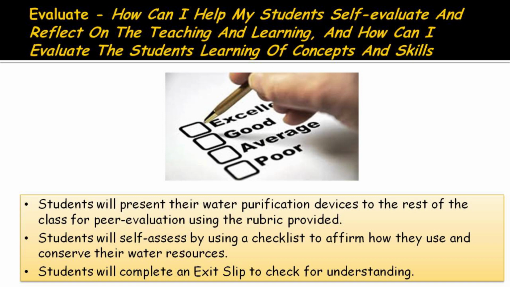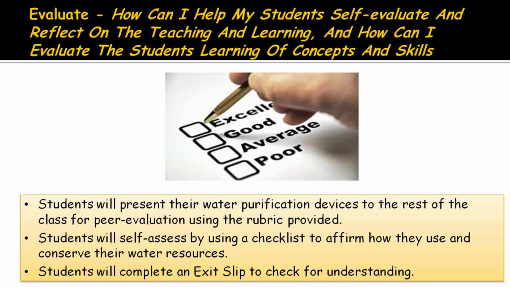And finally, as mentioned, we would have been evaluating our students throughout. So from the start, as they were looking at the images, right, as they were discussing different water purification methods, you would be assessing their knowledge. You are giving them an opportunity to present their findings, yes, and that also requires some assessment using the rubric.